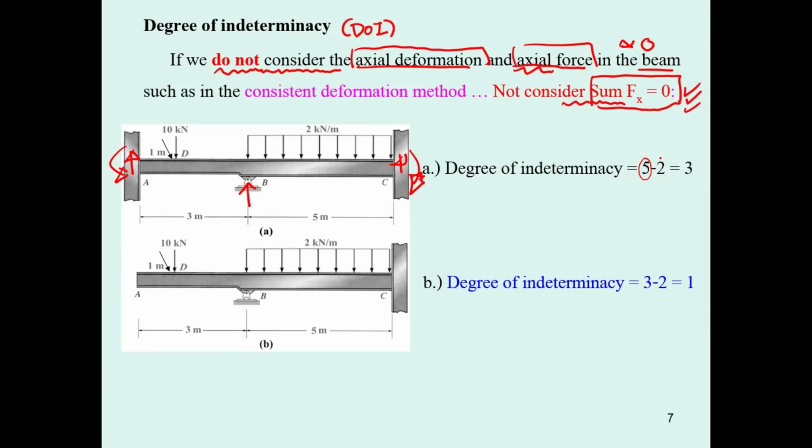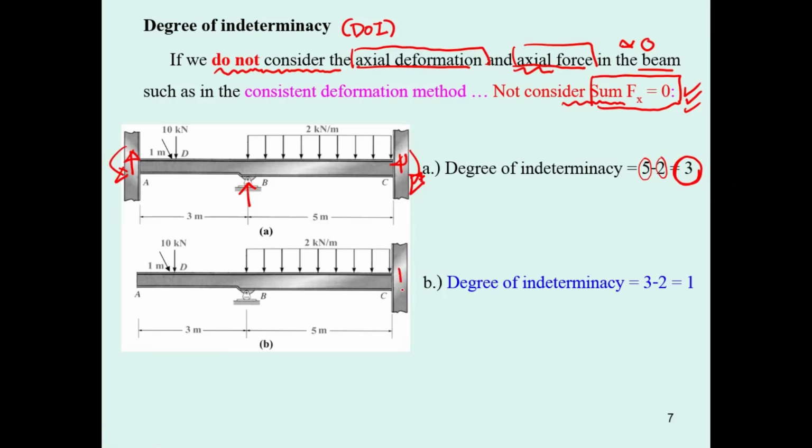The number of equations of equilibrium is reduced from 3 to 2. So, by considering this concept, this one is going to have 3 degrees of indeterminacy.